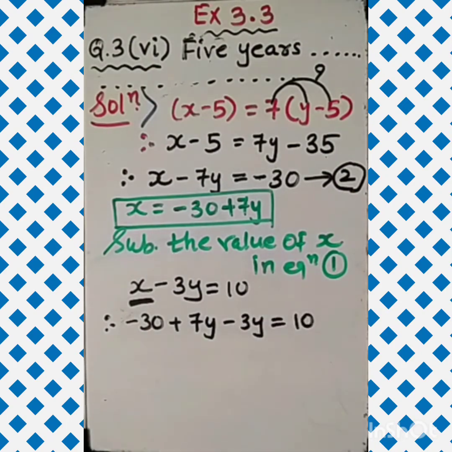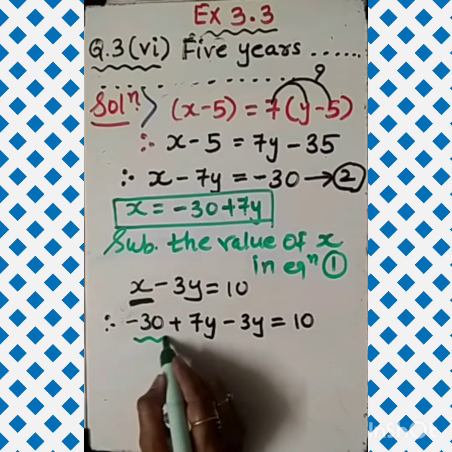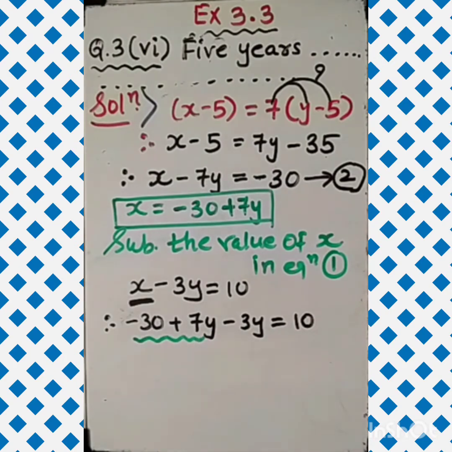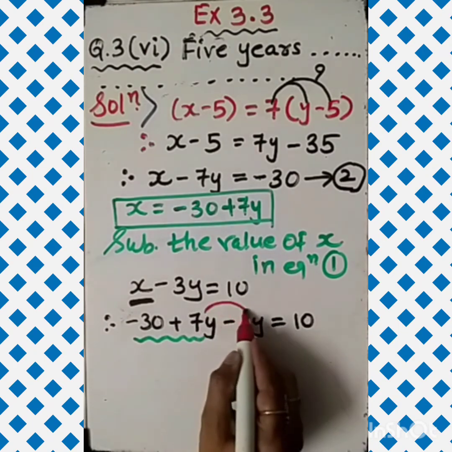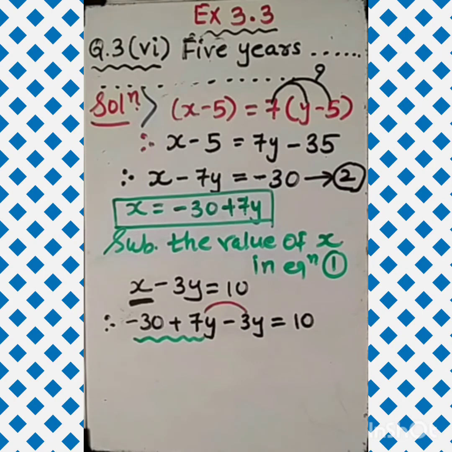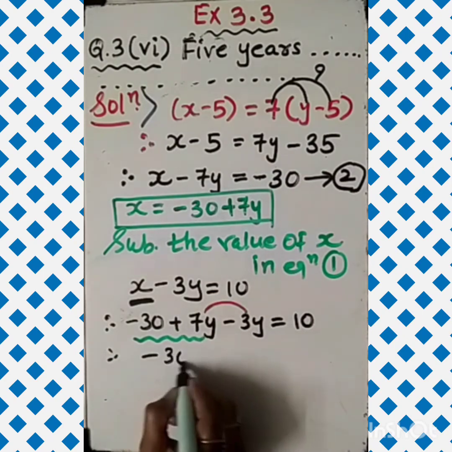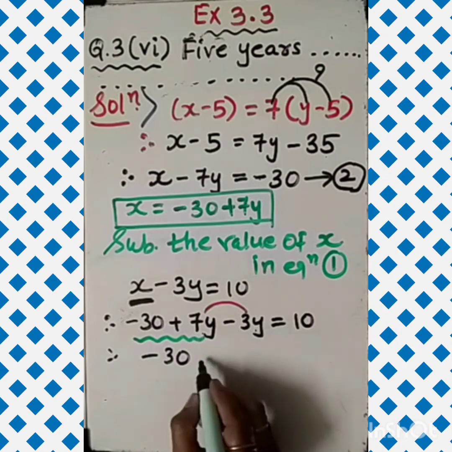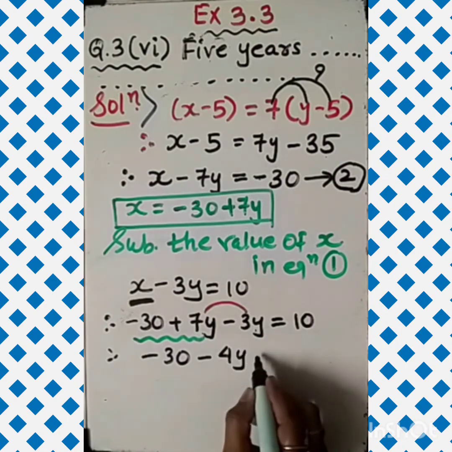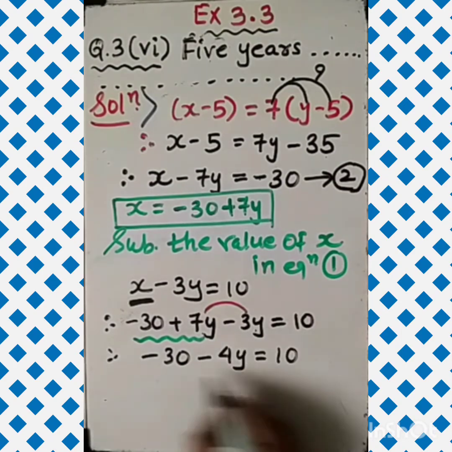Which value do I put here? The value of x is this much only. And as we know, plus 7y minus 3y, if we simplify these two terms, what do we have? Minus 30 plus 7y minus 3y gives the result plus 4y equal to 10.